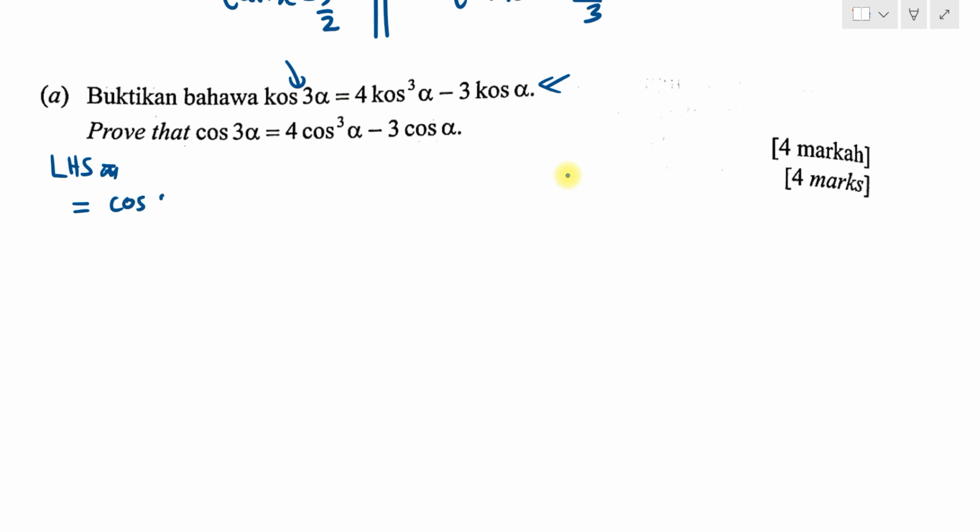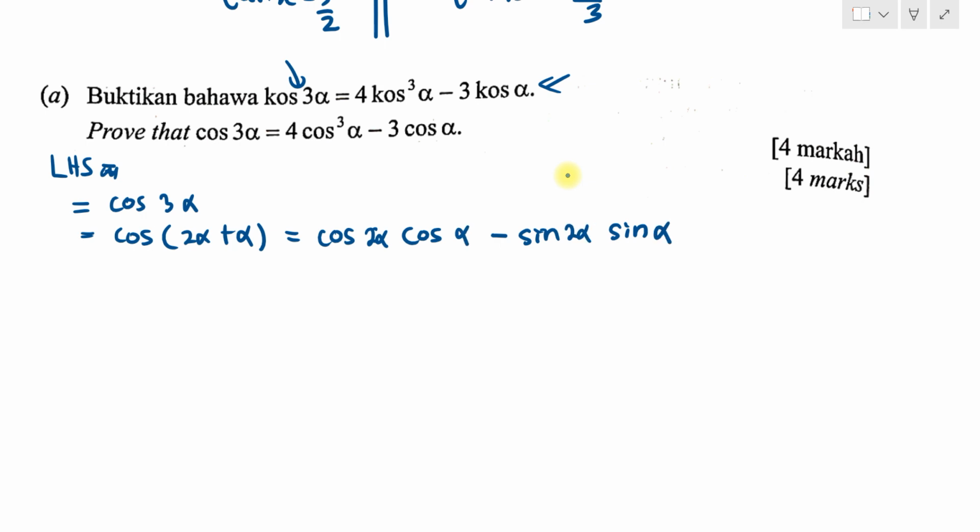Cos 3 alpha. Cos 3 alpha is actually 2 alpha plus alpha, which you get cos cos. If plus, put minus, sin. And then put 2 alpha, first angle, second angle is alpha, 2 alpha and alpha.